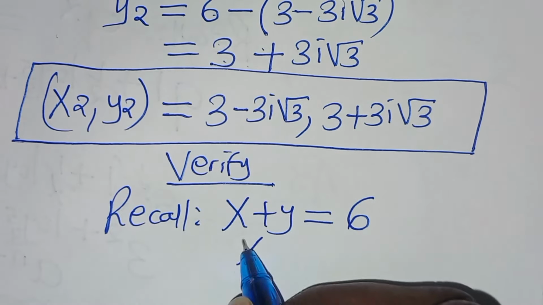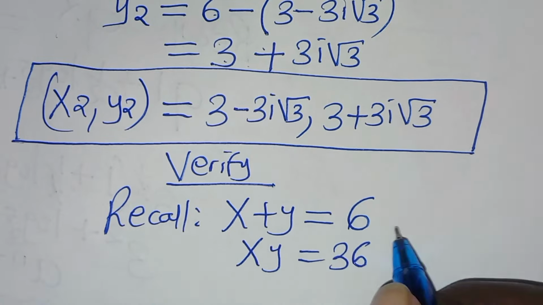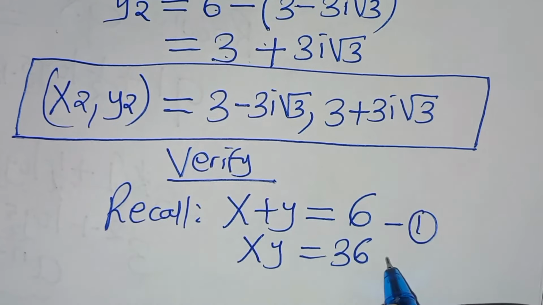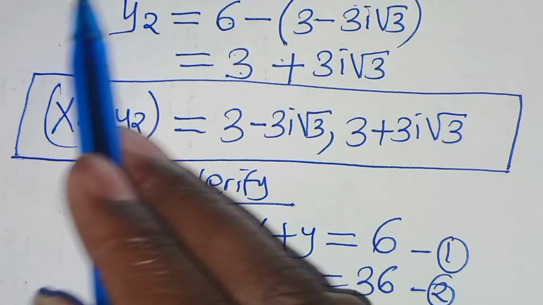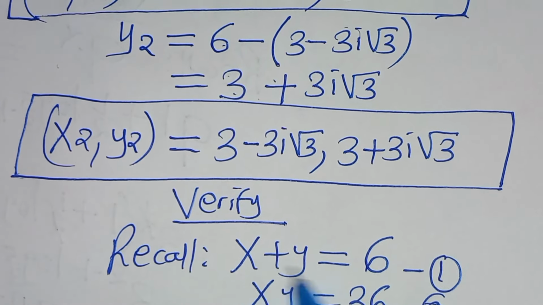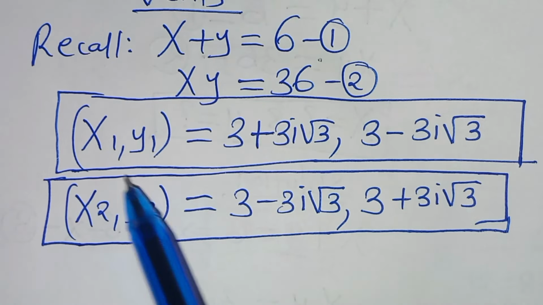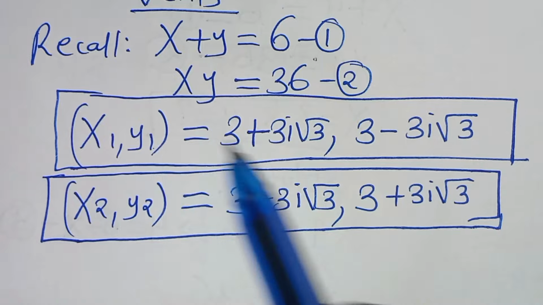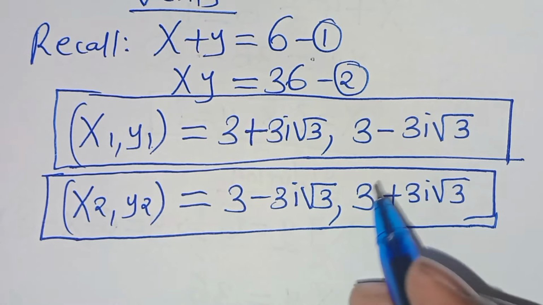And equation 2, x times y, this should give us a value of 36. Now, from x1, y1, let's verify equation 1.